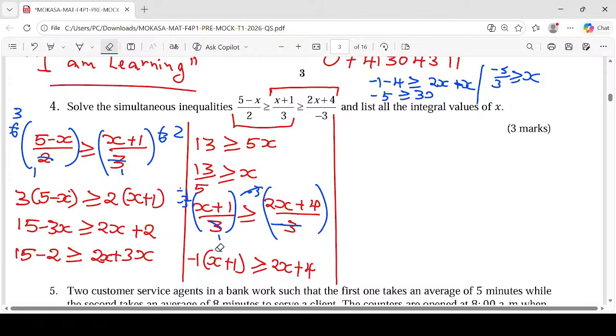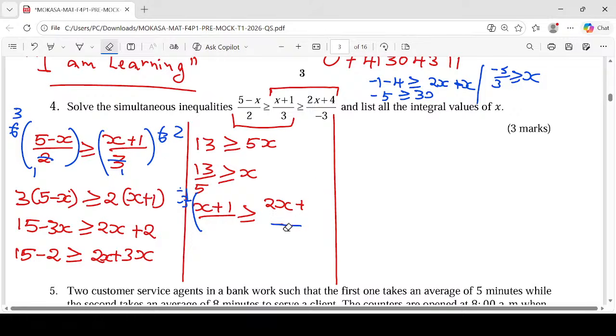By the time we were having, let me have it broken down to this particular step.